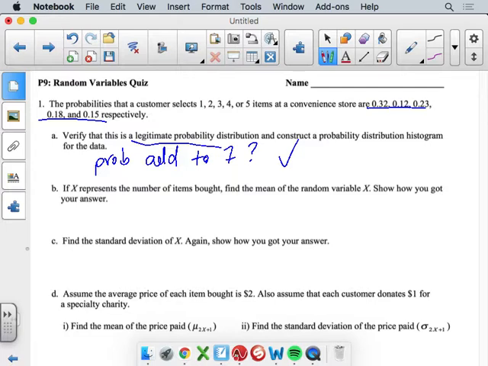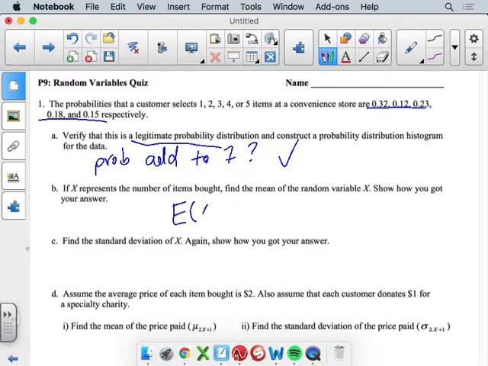Okay, B. If X represents the number of items bought, find the mean of the random variable X. Show how you got your answer. So what is the mean of X? We wrote this 2 different ways. I didn't really get into the notation too much. A way to say this is the expected number.